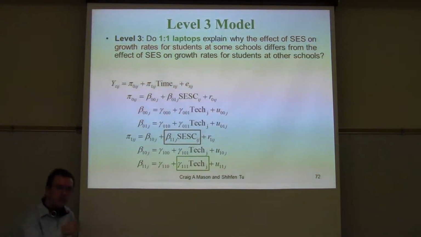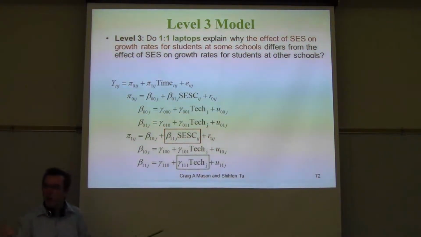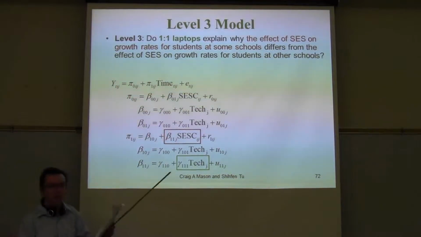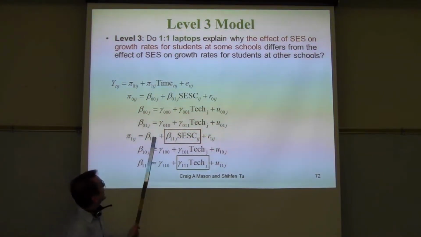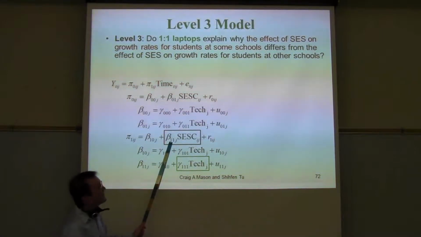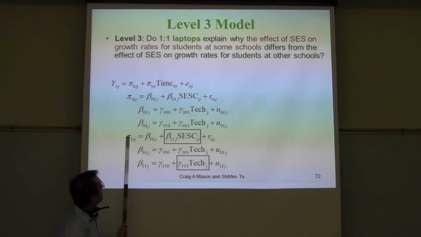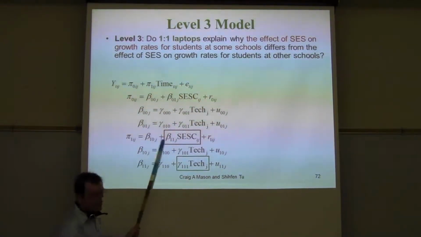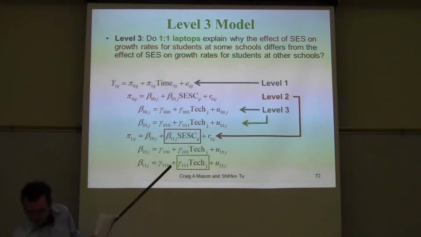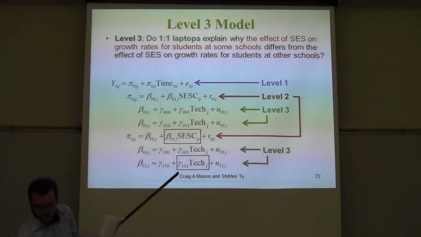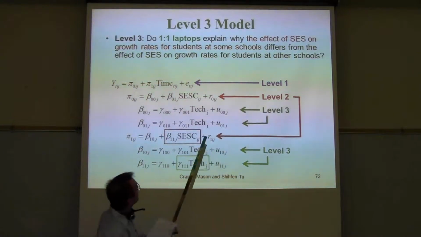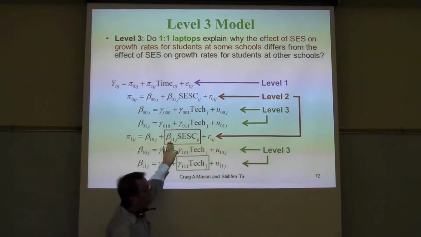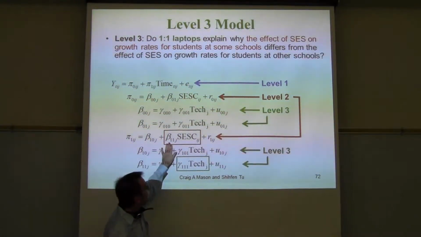Then the beauty of this, you can get a little more elaborate. Well, what about SES? We have beta 11J. Remember that beta 1 back in our second level 2 equation. That second level 2 equation here, we had beta 11J.